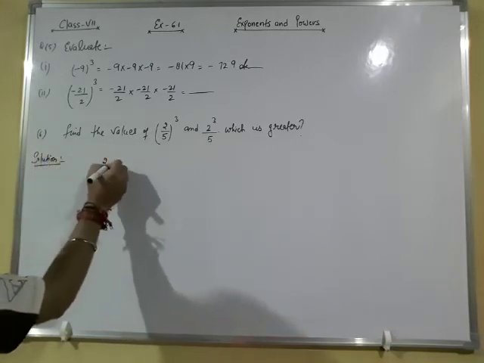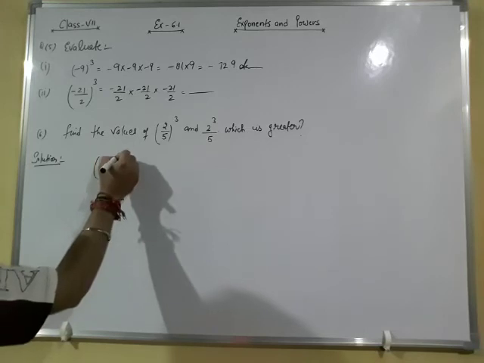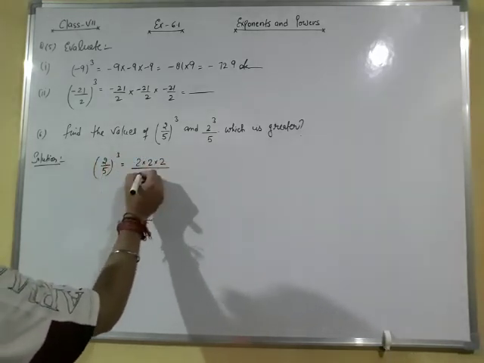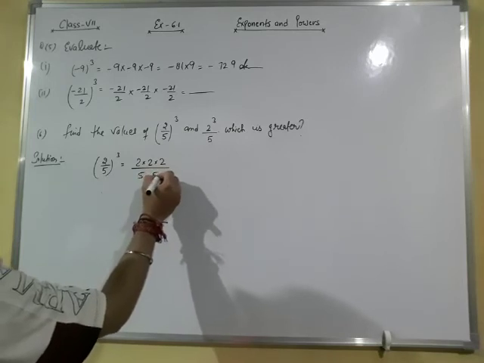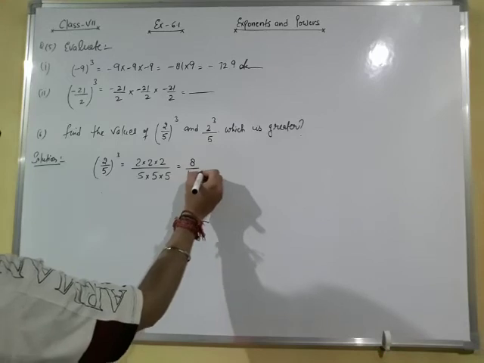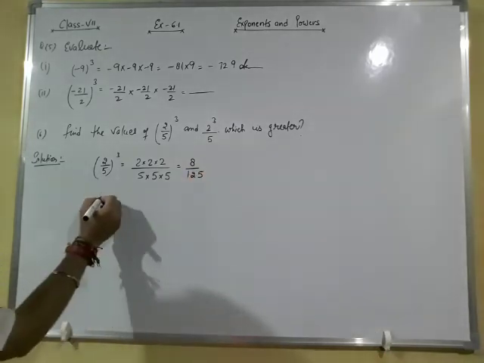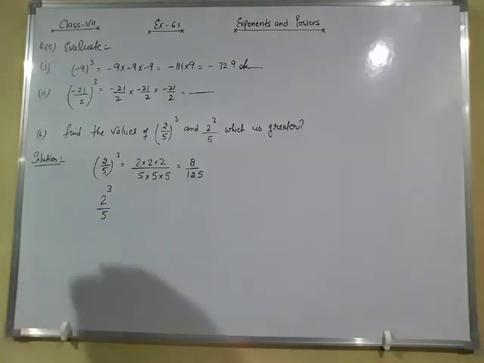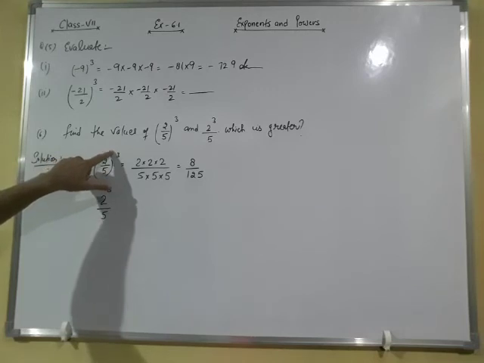2 upon 5 raised to the power 3 will be equal to 2 into 2 into 2 upon 5 into 5 into 5, 8 upon 125. And next is 2 raised to the power 3 upon 5. Here you have to notice one thing. Here we have this power.